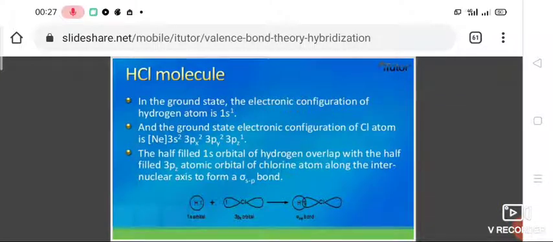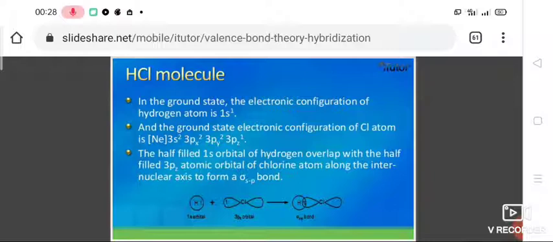Next, hydrogen chloride molecule. In the ground state, the electronic configuration of hydrogen is 1s1 and that of chlorine is 3s2, 3px2, 3py2 and 3pz1.